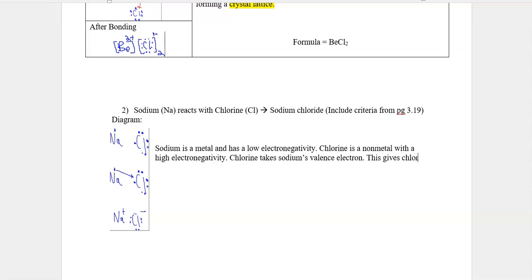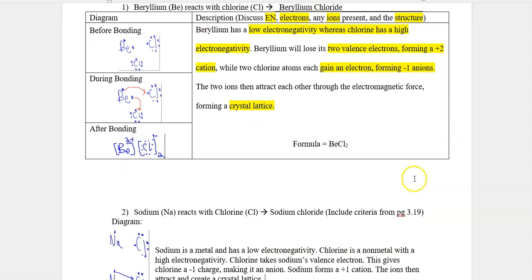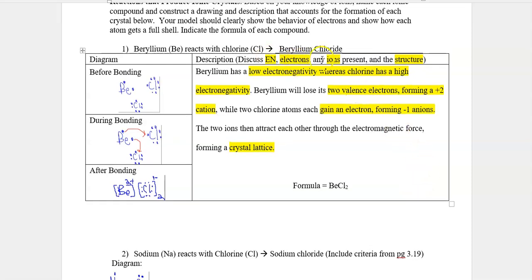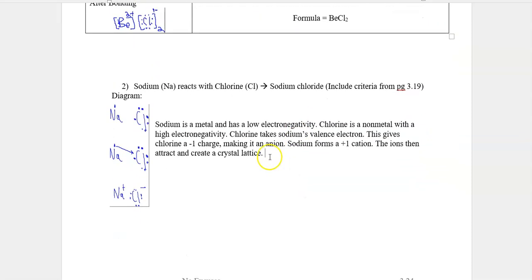This gives chlorine a -1 charge, making it an anion. Sodium forms a +1 cation. The ions then attract and create a crystal lattice. Right, so that is the electronegativity, electrons, ions, and structure. There we go.